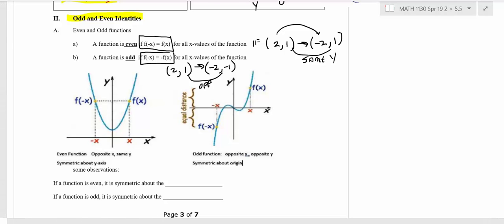Some trig functions are even, some are odd. An even function is symmetrical about the y-axis, like the parabola you see. And an odd function, how did we say it was symmetrical? Origin, right. So that one is origin symmetry.